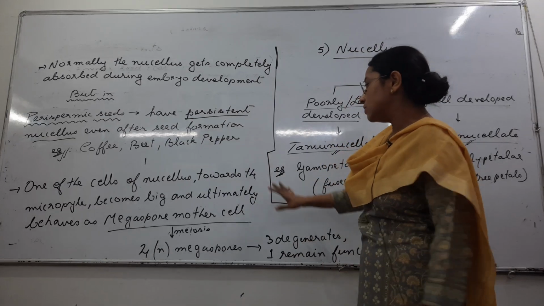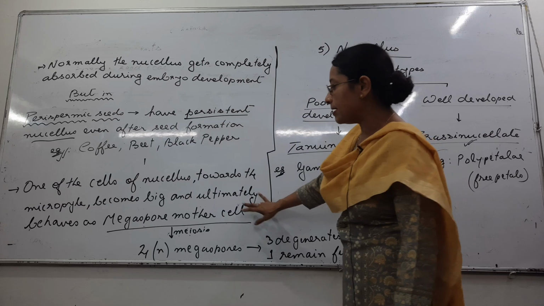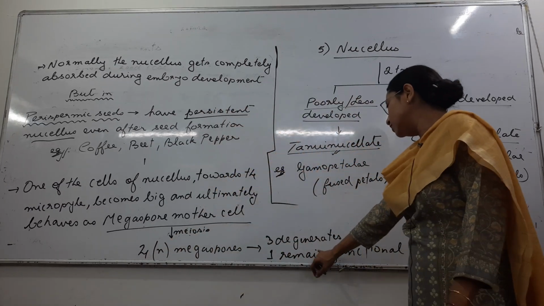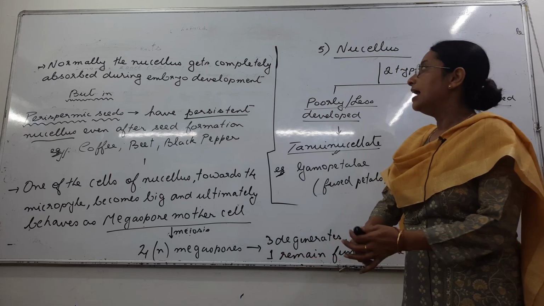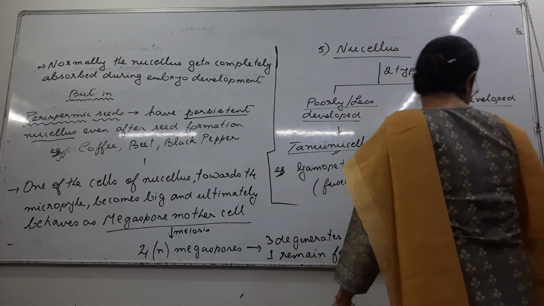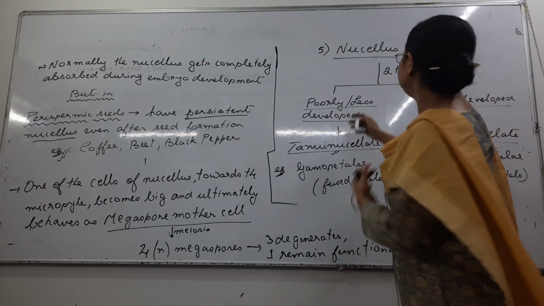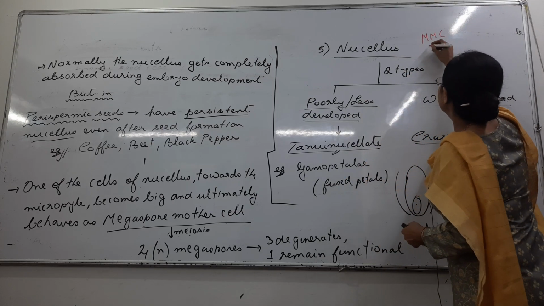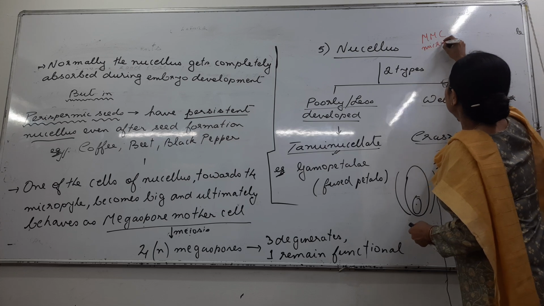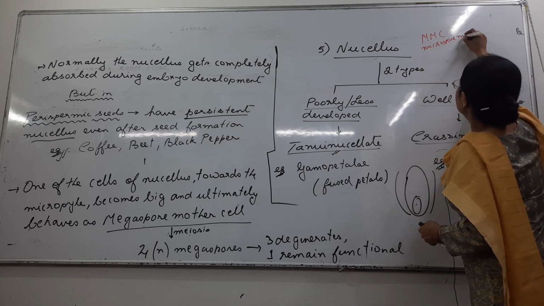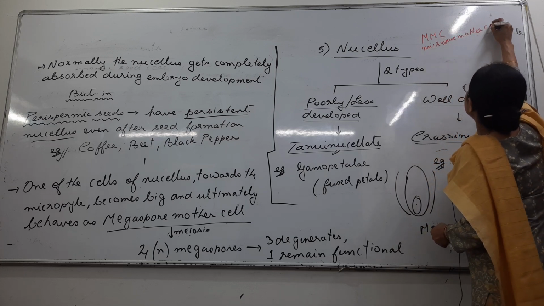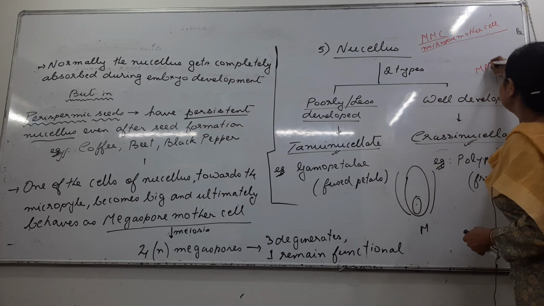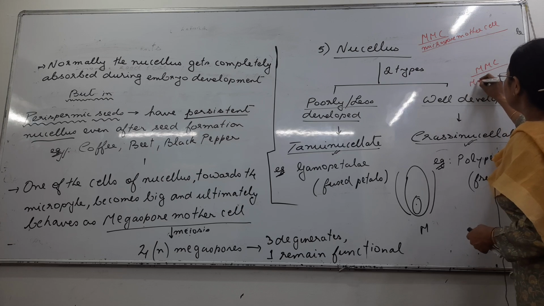Is the point clear? So ultimately the megaspore mother cell undergoes meiosis and forms four megaspores, but among them only one remains functional. I think I have said this before, when we use these two words. If we say MMC, it could be microspore mother cell, if you are talking about the male part, or MMC could be megaspore mother cell also, yes or no?